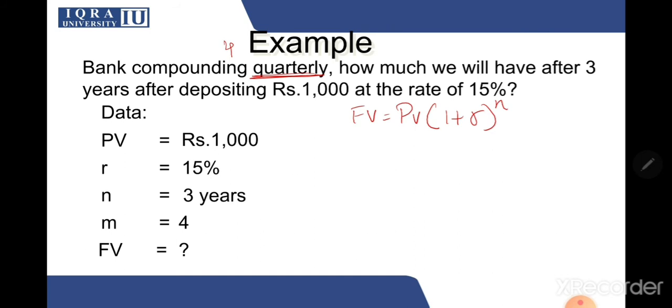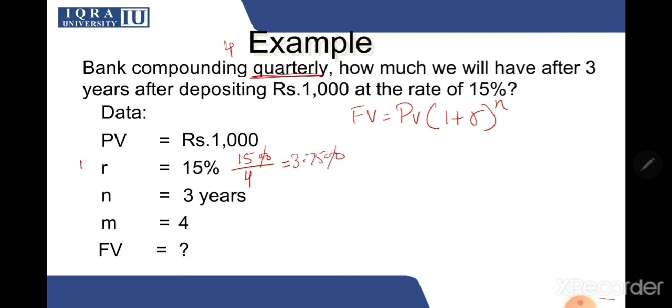But first you should divide your r by the compounding period. So 15% divided by 4 is 3.75%. So this is your new rate now.